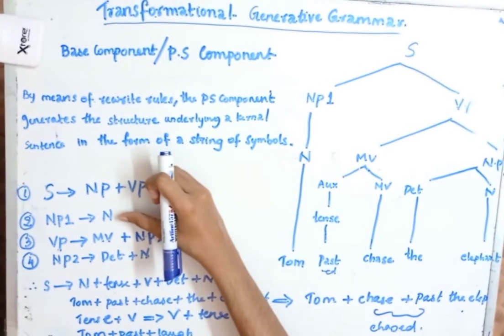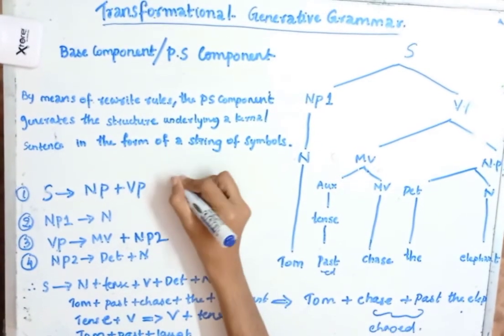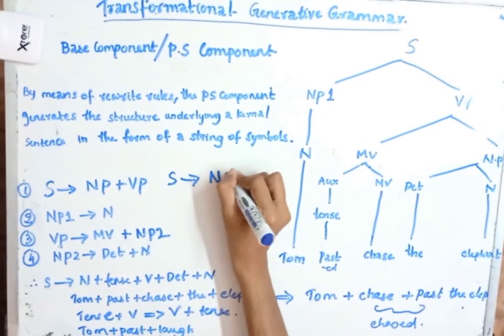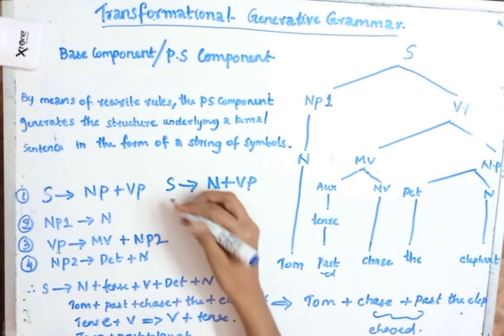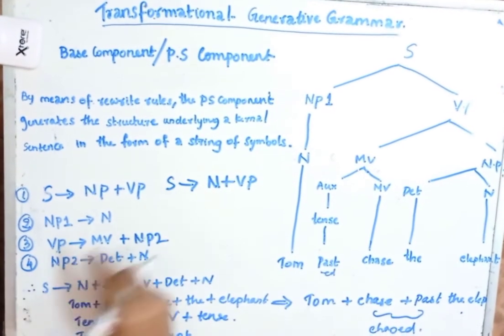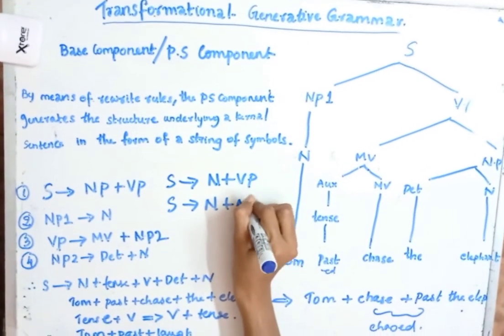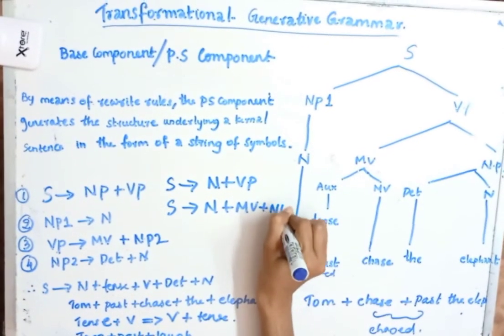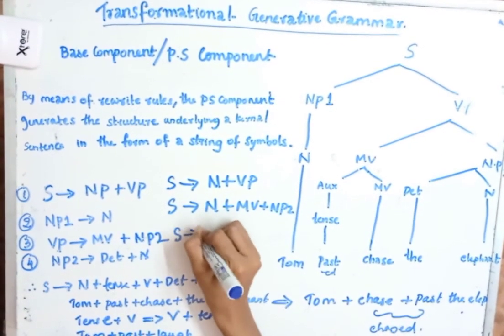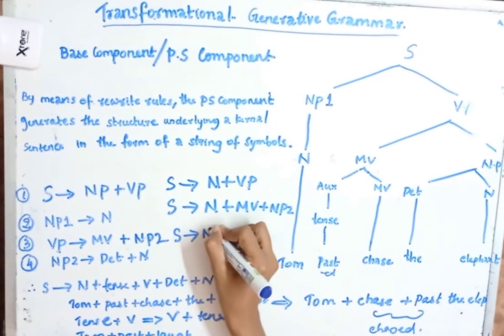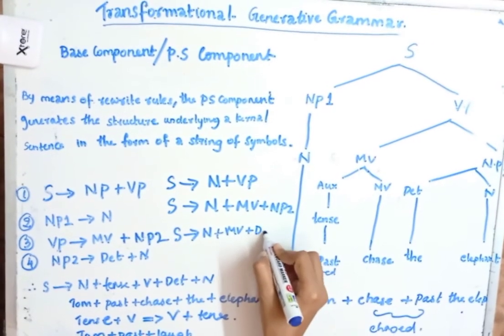Applying rule number 2 to rule number 1, you write sentence comprising noun plus verb phrase. Then applying rule number 3 to this string, sentence consists of noun plus main verb plus noun phrase 2. Now applying rule number 4 to the string, sentence consists of noun plus main verb plus determiner plus noun.